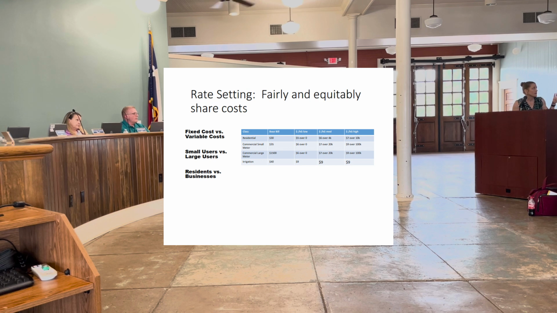I know the course is almost done, but a couple of other things I want to hit on this slide. One of them is the meter size. Depending on the size of your meter, there's a different demand on our system required to serve that meter if you run it full throttle. Whether you turn it on or not, we've got to be able to supply a certain amount of pressure and a certain amount of volume to that meter.